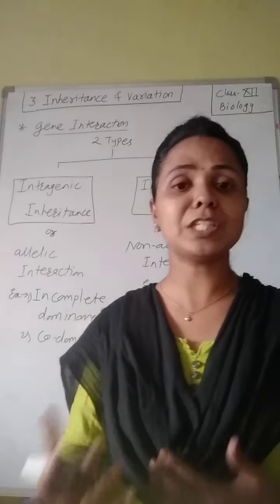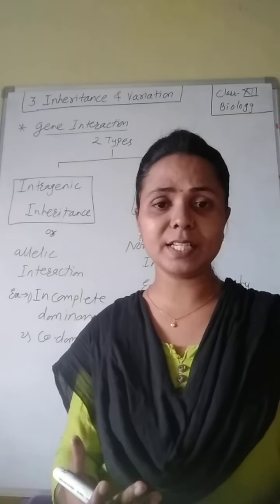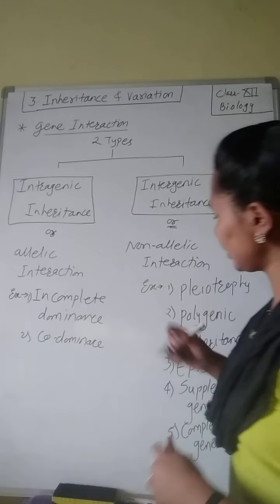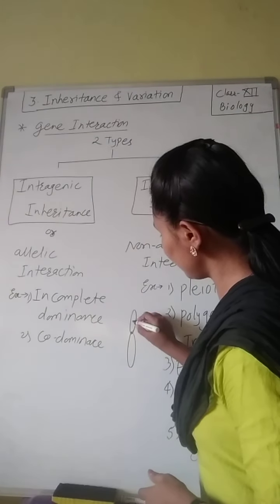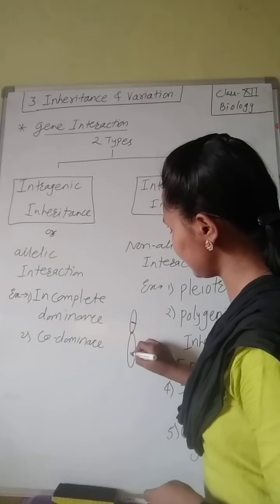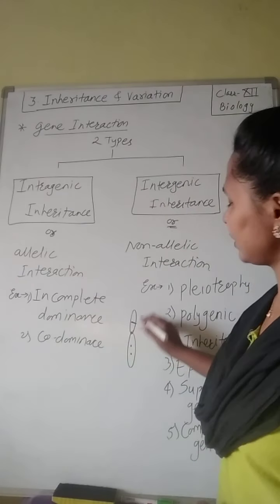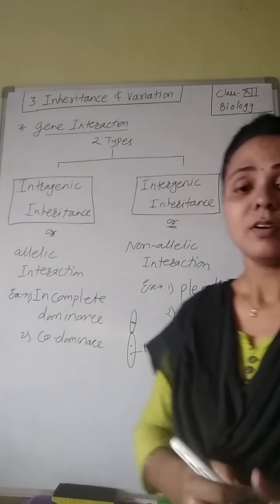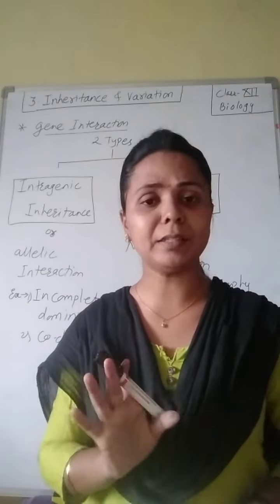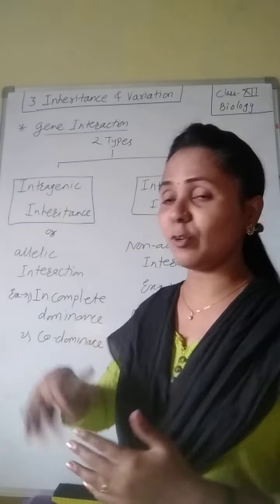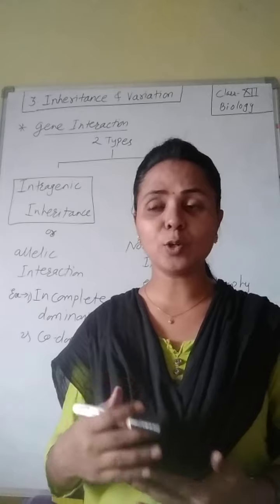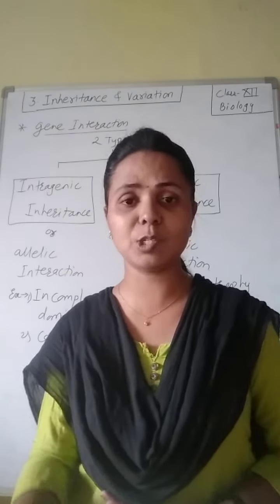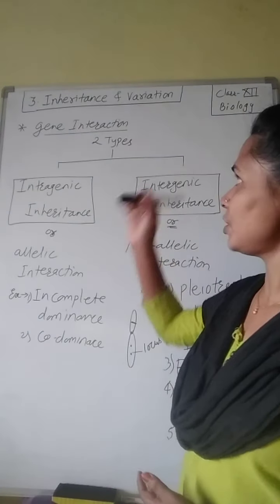So this is about gene interaction, which defines that at different loci, this is one locus, this is another locus, the position of the gene on that chromosome, it has the ability to influence the trait or character of that individual. So this is about gene interaction.